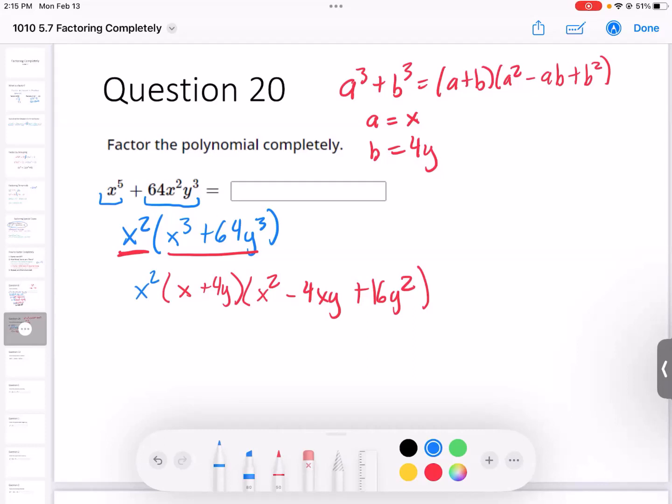Now, I need to look at this and say, can I factor this even further? So I look at it and I say, well, x squared, no. This term, no. And this term might look like it can be factored further because it's a trinomial. However, trinomials that come from this formula can actually not be factored unless you have imaginary numbers. So if you got a trinomial from this equation, then you can just leave it and know that it's fully factored.